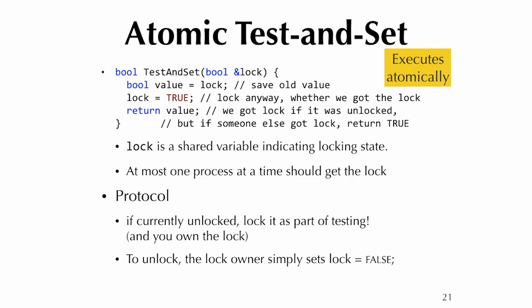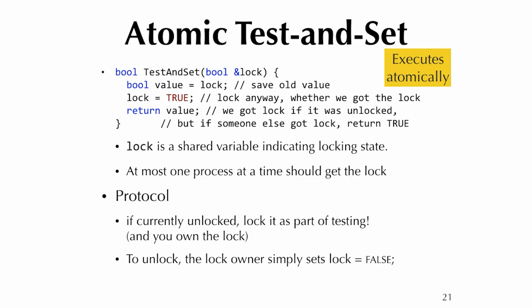Just keep spinning, polling, or waiting, go on a wait list, right? So what you can do is a while loop on test and set, passing the lock to it. If it jumps out of the while loop, that means I got the lock. I can go ahead and execute, okay? And lock is that shared variable. At most one process at a time should get the lock, and so it does achieve that.